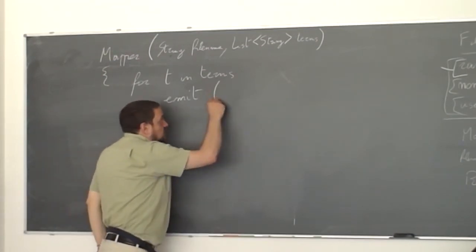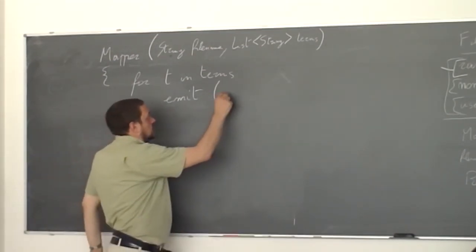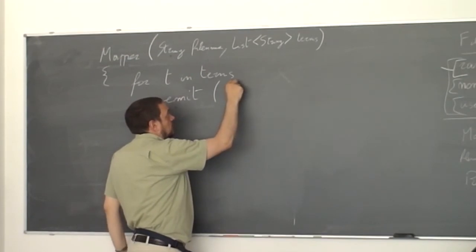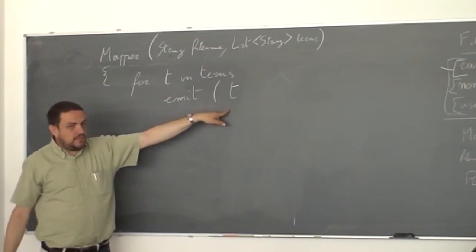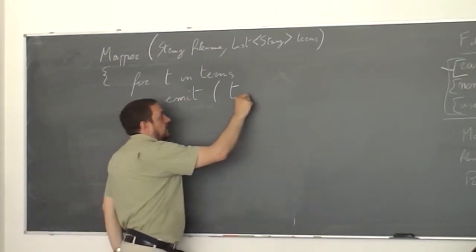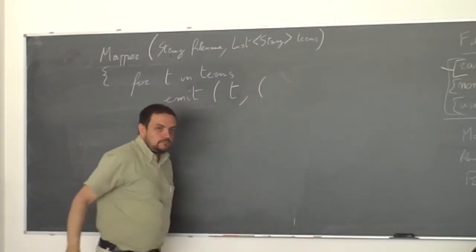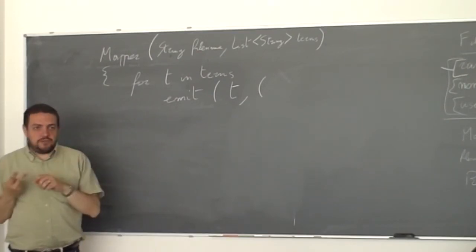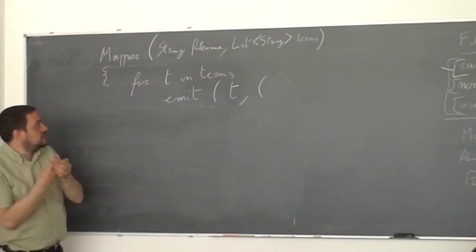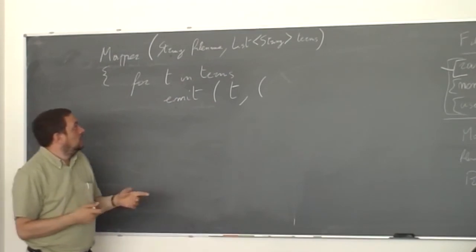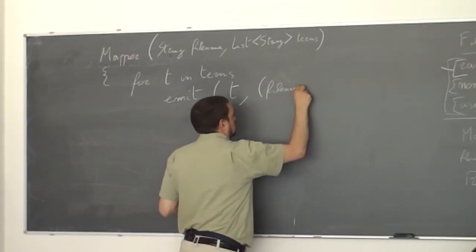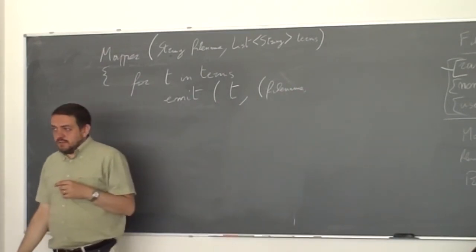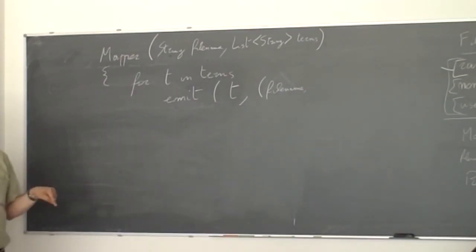But anyway, what it's going to send out is a key value pair composed by the term t as a key and two pieces of information as a value. The file name and the position of the term within that file.